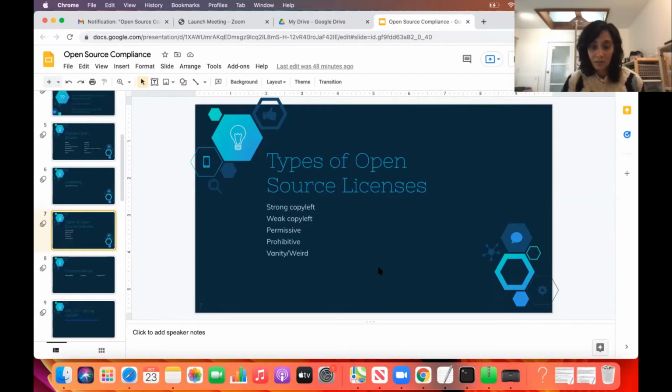A weak copyleft license is something like the Mozilla Public License, or the Lesser General Public Licenses are weak copyleft. The differentiator between strong and weak is how they are linked or how they are used. So there's this notion of dynamic and static linking, right? So if you're using LGPL license and you're dynamically linking, it means that the strong copyleft nature of the license will not apply, right? So we'll go over this in some more detail in the next slides.